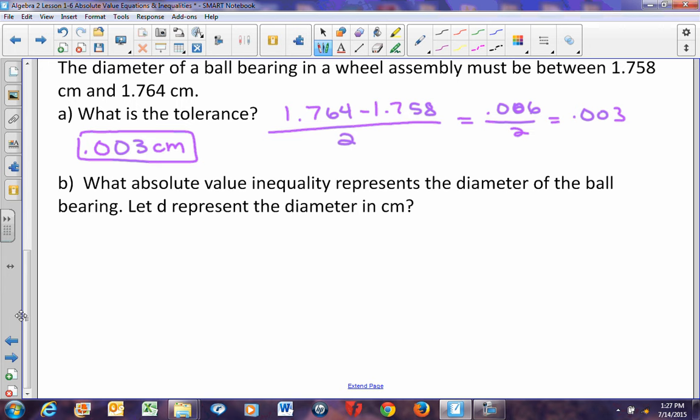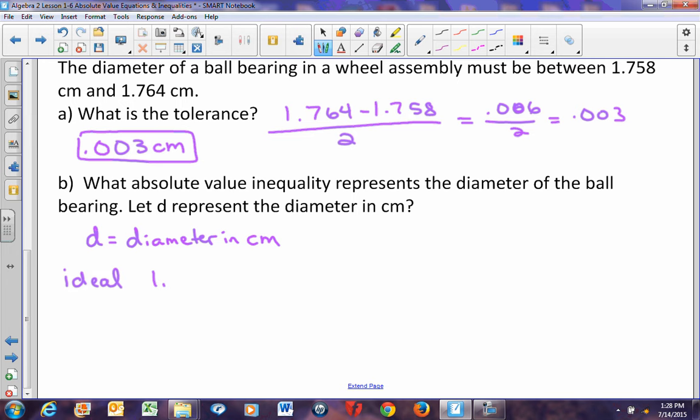What is the absolute value inequality that represents the diameter of the ball bearing? Let D represent the diameter in centimeters. So if D is the diameter in centimeters, we need to find the ideal length. If the ball bearing can be between 1.758 and 1.764, the ideal will be taking the larger length and subtracting 0.003, or taking the smaller length and adding 0.003, doesn't matter.